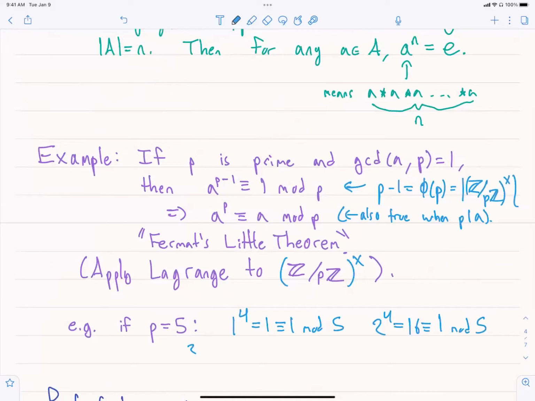I can take 3 to the 4, that's equal to 81, which is congruent to 1 mod 5, good. And I can take 4 to the 4, that's 256, and again, that's congruent to 1 mod 5. Good. So that checks out for Z/5Z.